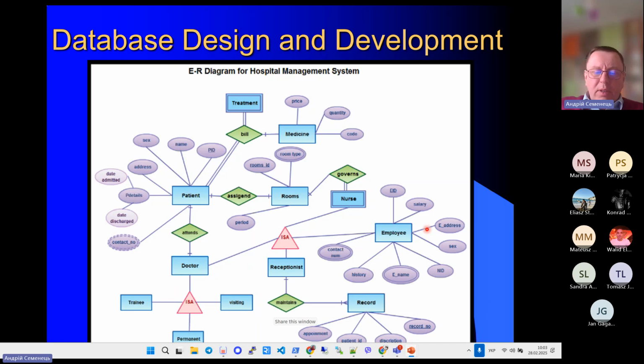So here we have to understand that this entity relationship diagram represents only a very small part of a real EHR EMR solution. Usually that's very large and contains hundreds of elements.